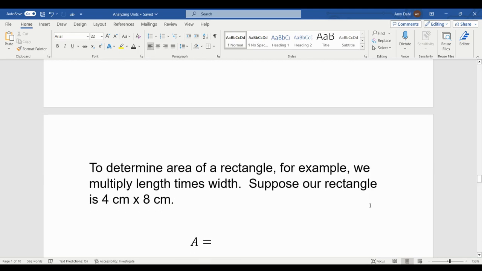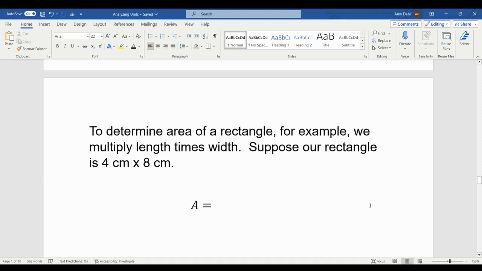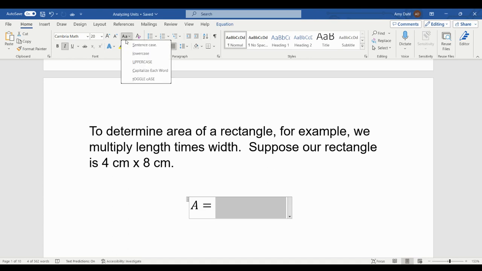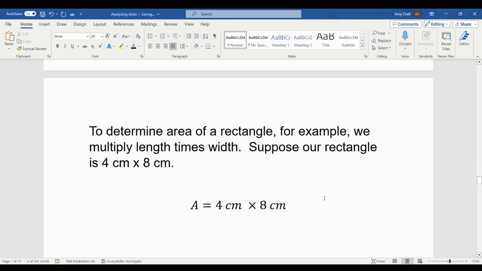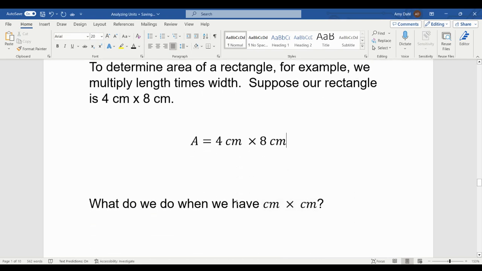Sometimes we do get combination units. To determine the area of a rectangle, for example, we multiply length times width. Suppose our rectangle is 4 centimeters by 8 centimeters. So the area of our rectangle is 4 centimeters times 8 centimeters. What do we do when we have centimeters times centimeters?